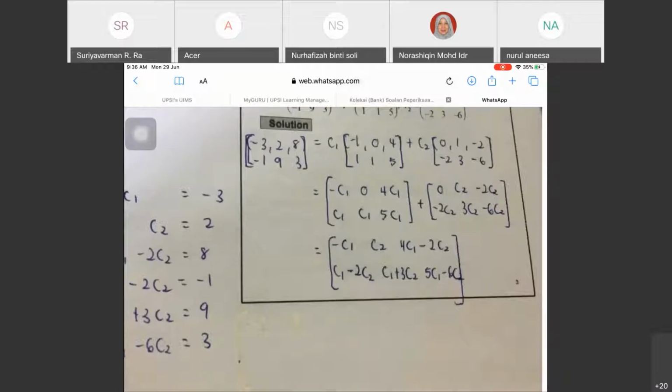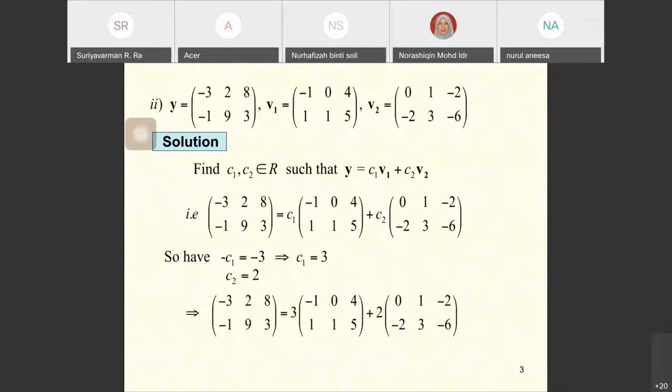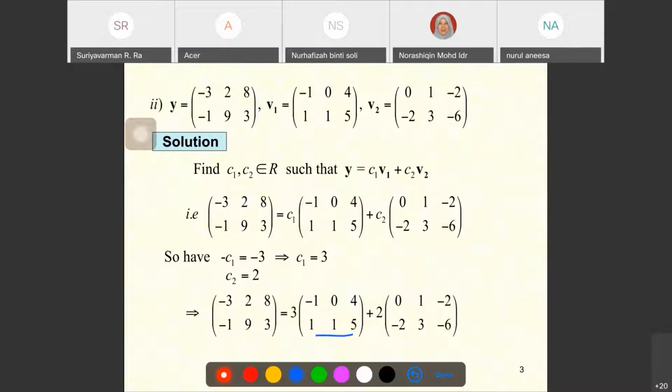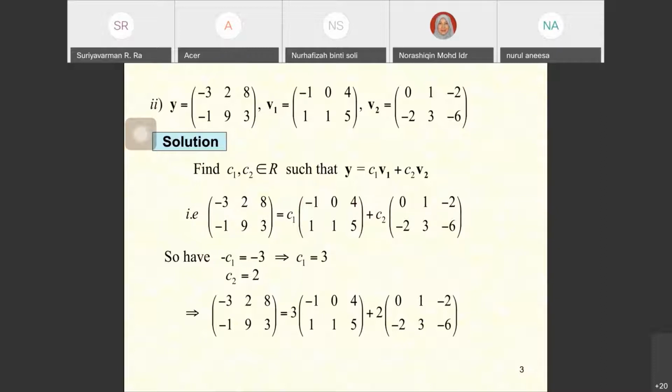So what we have? Negative 3, 8, negative 9, and negative 1, 9, 3 equal to 3 times V1 plus 2 times V2. So what can we conclude here? Has one solution. Y is a linear combination of the vectors because we can find the C1 and the C2.